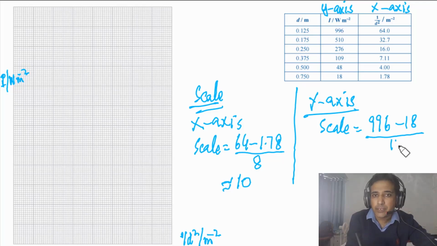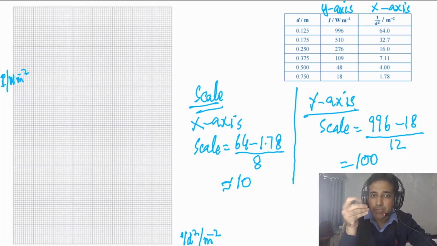So we can divide this by 12. This is about 1000 roughly, and this is 12. We can take this as 10, so we can choose around 100. So this is a nice number. With the help of this, we can easily sketch the graph.